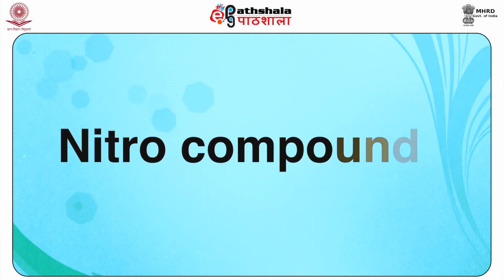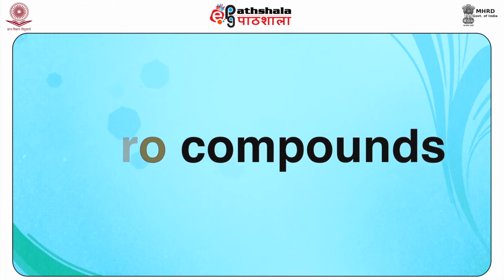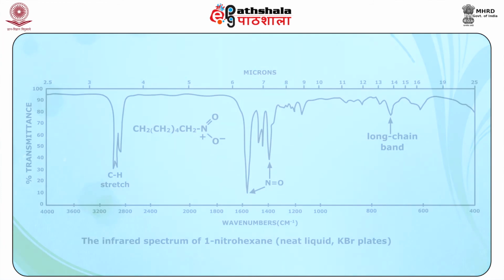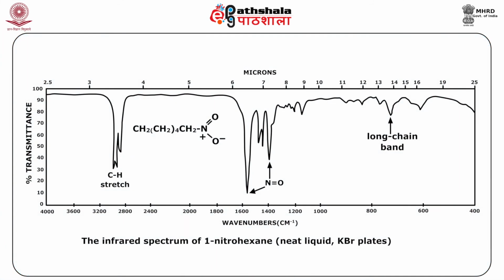We now come to another functional group series, that of the nitro compounds. The nitro group, that is the NO2 group, gives two strong bands in the infrared spectrum. In aliphatic nitro compounds, the asymmetric stretching vibration occurs in the range from 1600 to 1530 cm⁻¹, and the symmetric stretching band appears between 1390 and 1300 cm⁻¹.